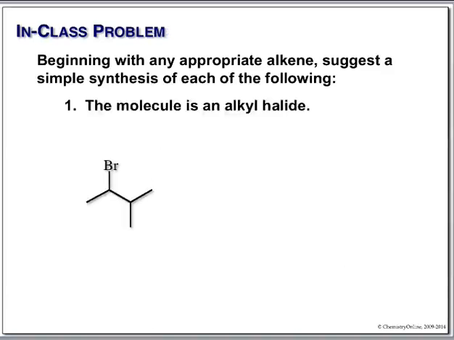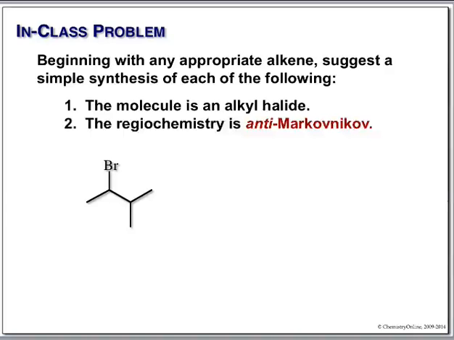What is our regiochemistry here? The real question is, is the bromine attached to the carbon that would give the most stable carbocation? Well, it's attached to a secondary carbon, but this is tertiary, isn't it? So we would look at this and say, this is an anti-Markovnikov alkyl bromide.